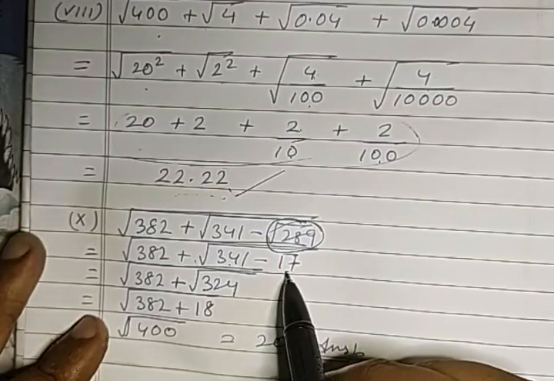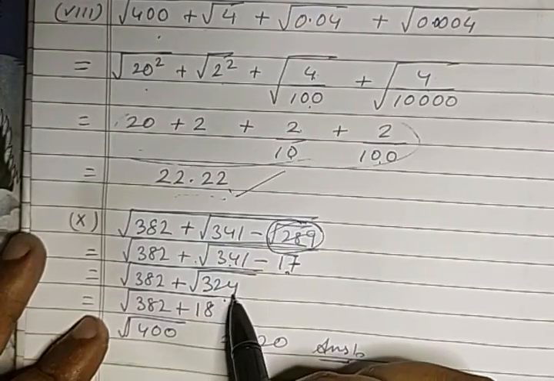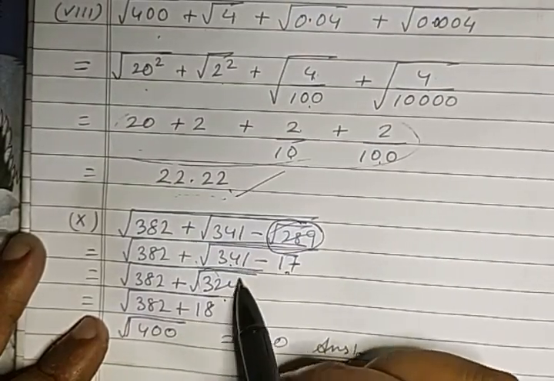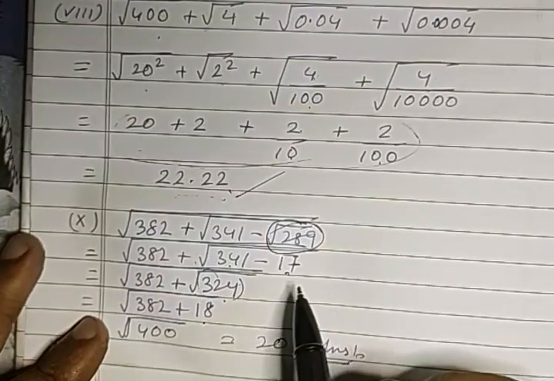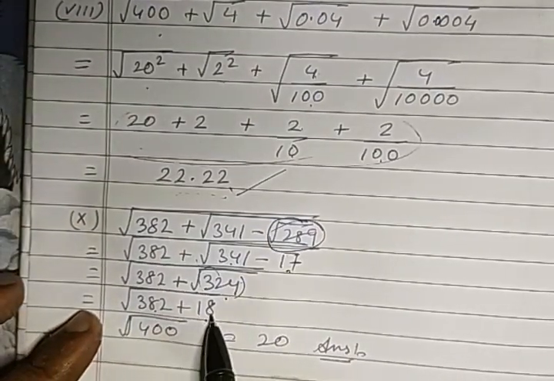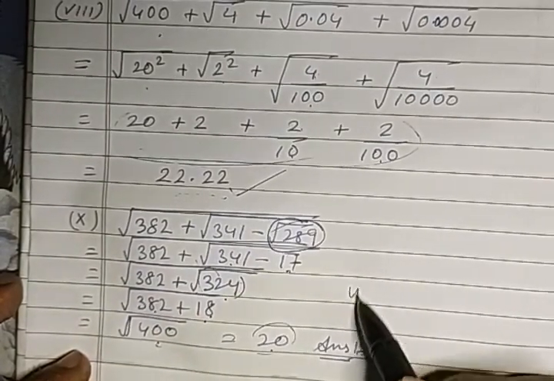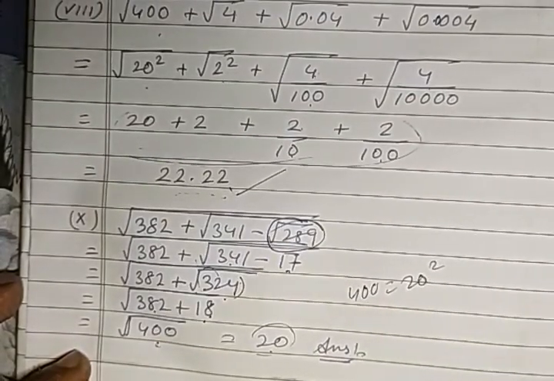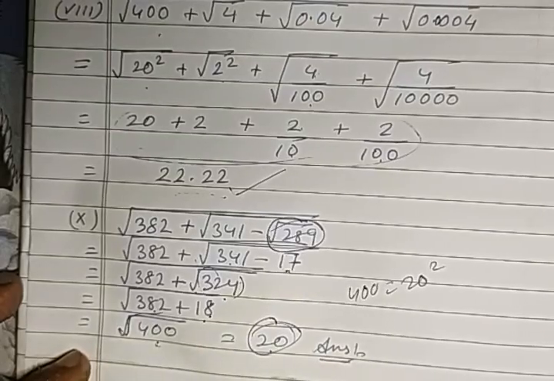So 341 minus 17, I am getting 324 inside the root. 324 is the square of 18, so I have written 18 outside the root, and this root vanishes. Then 382 plus 18 is 400 inside the root, so when I bring it outside the root, it will become 20, because 400 is the square of 20. So therefore root 400 I can write as 20.